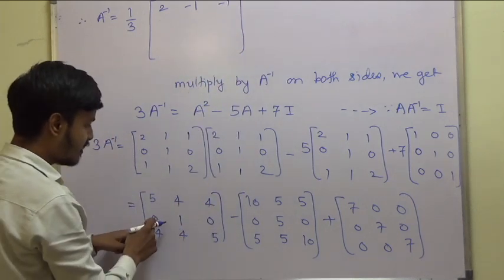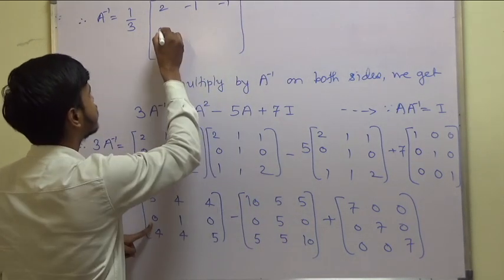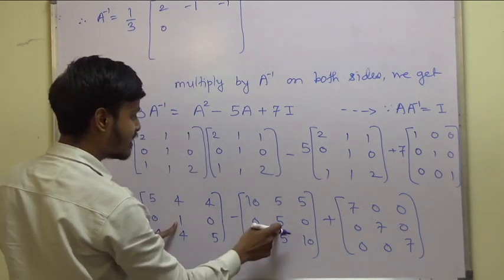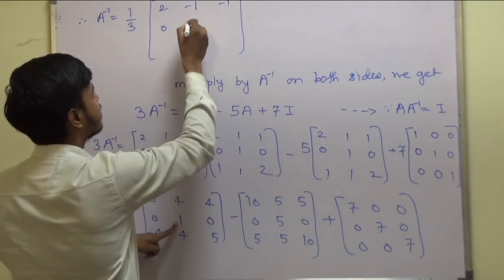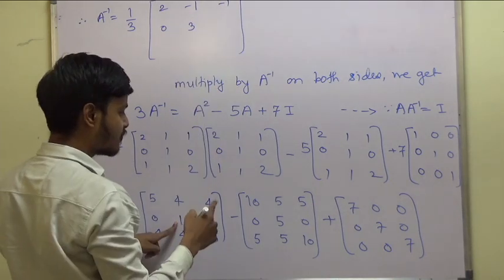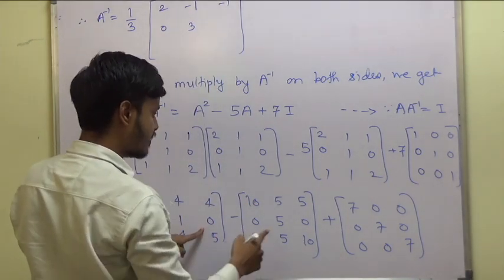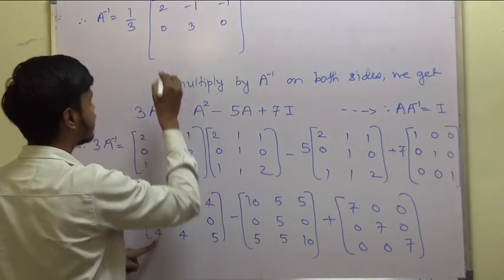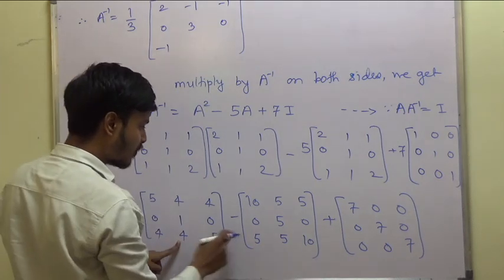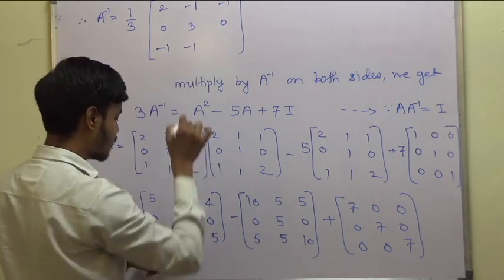Then 0 0 0. So let me write it. 0. 1 minus 5 is minus 4 plus 7. 3 minus 4 plus 7 is 3. 0 0 0, and then 4 minus 5 is minus 1. 4 minus 5 is again minus 1.